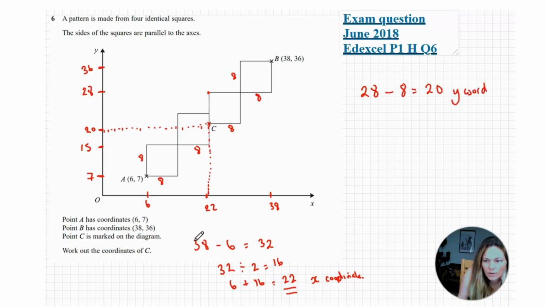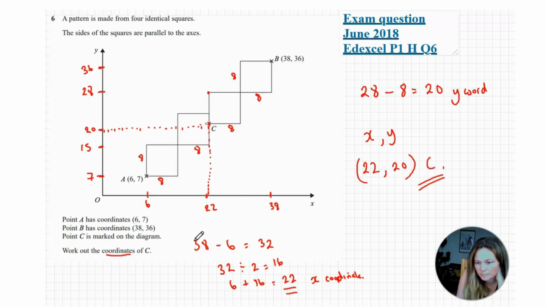If they want to know how you got that, they can see from your working out, and this dotted line shows clearly that you've traced it over and figured it out. So working out the coordinates of C, we're going to very clearly put that x and y is 22, 20 for C. Double underline. Done.